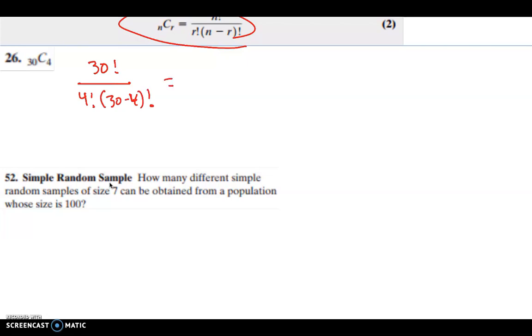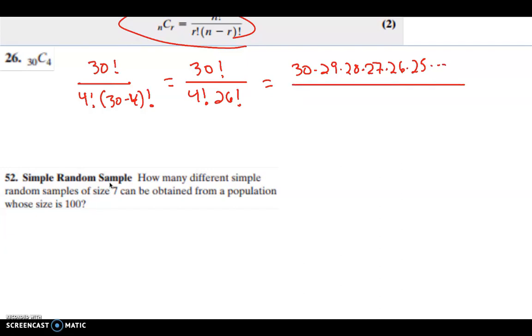But I just want to show you one nice thing about the factorials here. So this would be 4 factorial, and this is going to be 26 factorial. Okay, this is kind of cool because you do 30 times 29 times 28 times 27 times 26. I'll stop there, but it keeps going down.